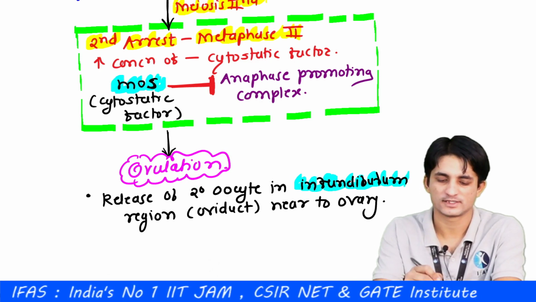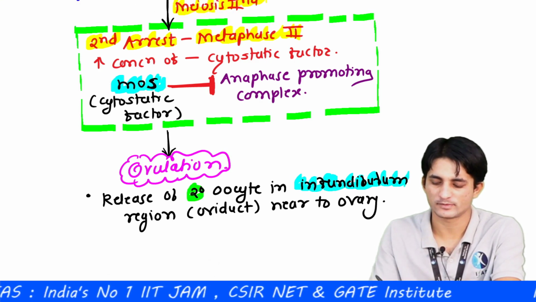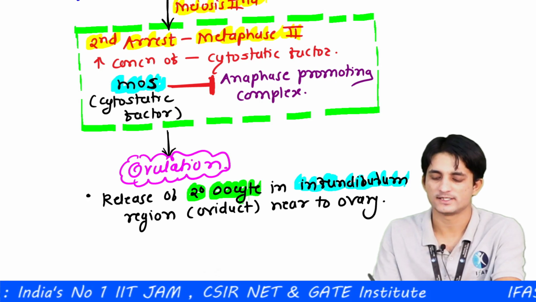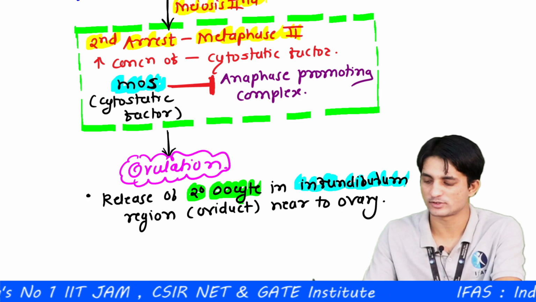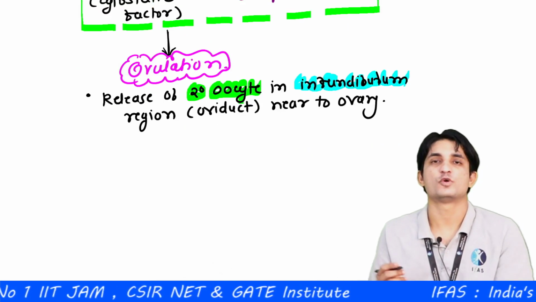Because this secondary oocyte can interact with the sperm, its meiosis will then get completed. So this process is called ovulation.